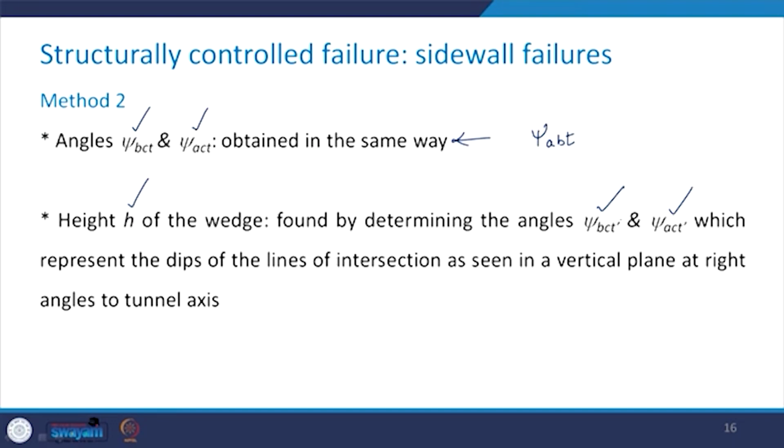That is why a prime has been added, because these are the angles seen in a vertical plane at right angles to the tunnel axis.